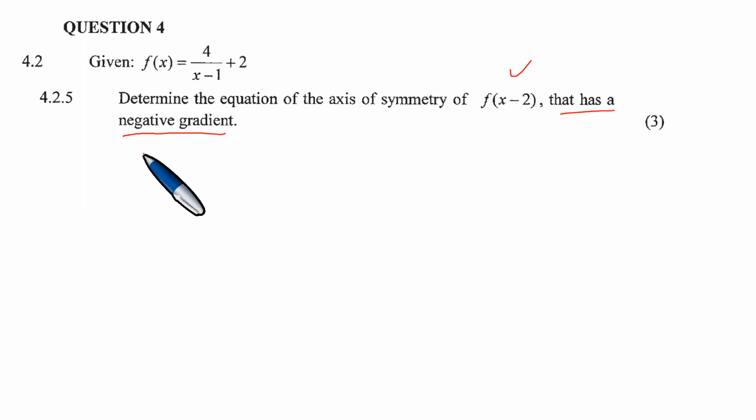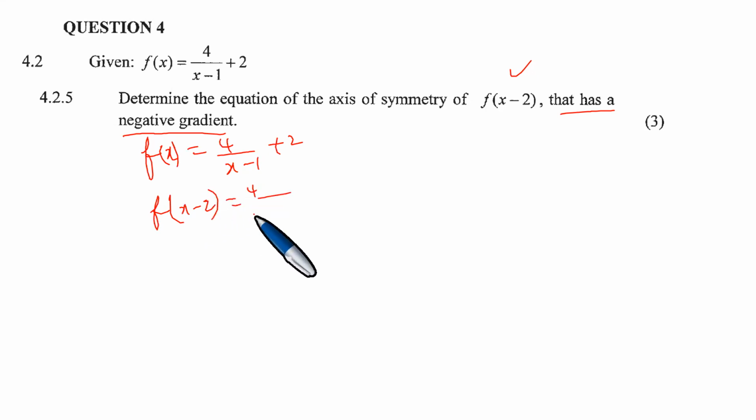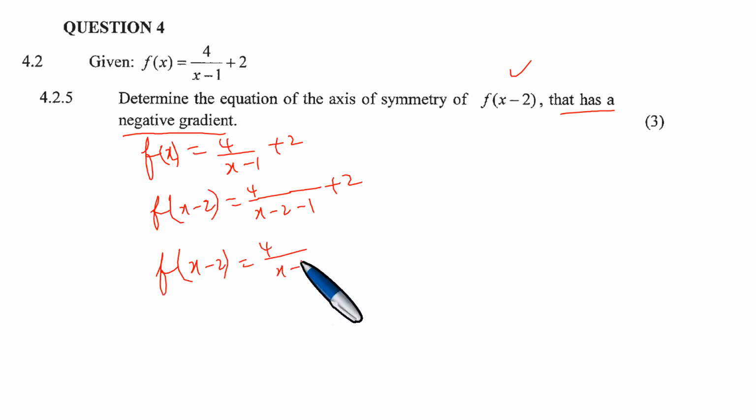So you have that f of x is 4 over x minus 1 plus 2. So x minus 2 is 4 over x minus 2 minus 1 plus 2. So it is 4 over x minus 3 plus 2.